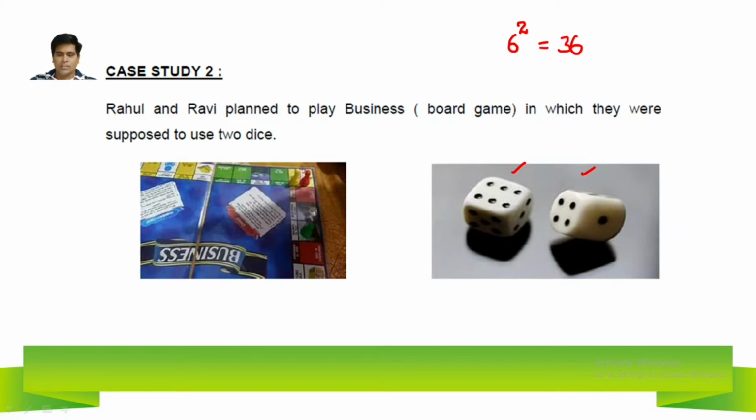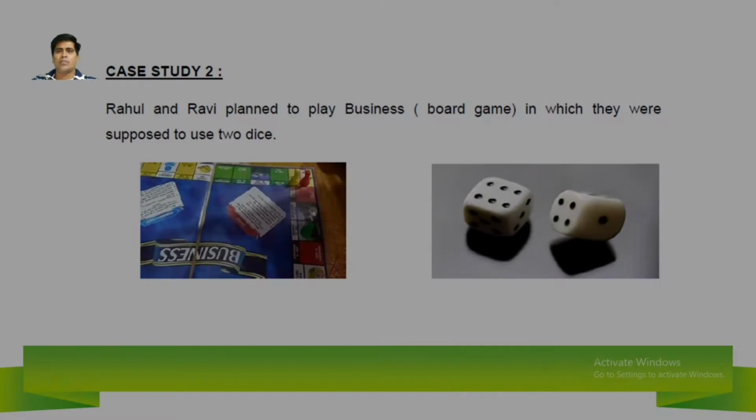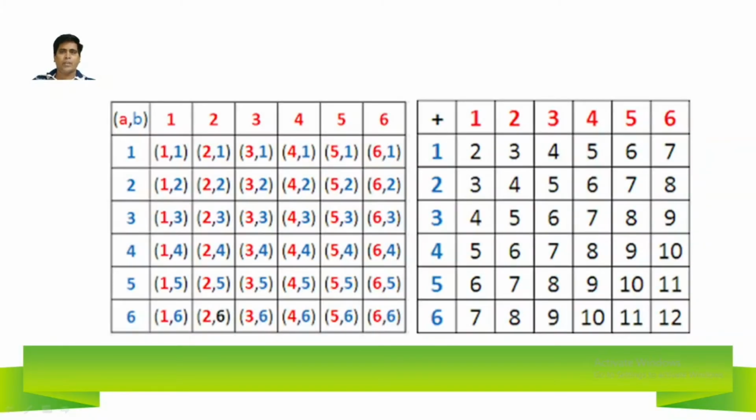So let's see the question now. Before solving the question, we'll have a sample space discussion, and after that we'll move to the questions. While you are throwing 2 dice, these are the outcomes.